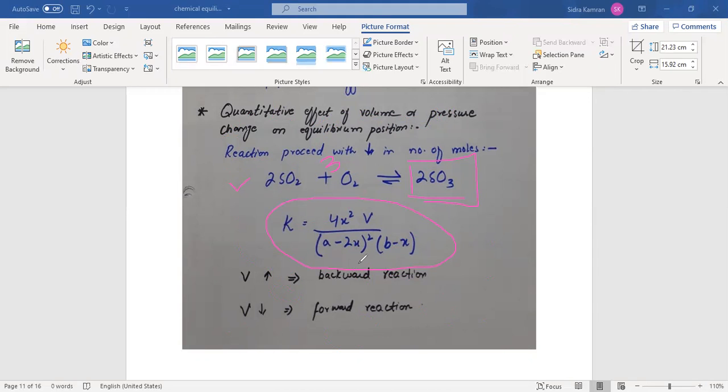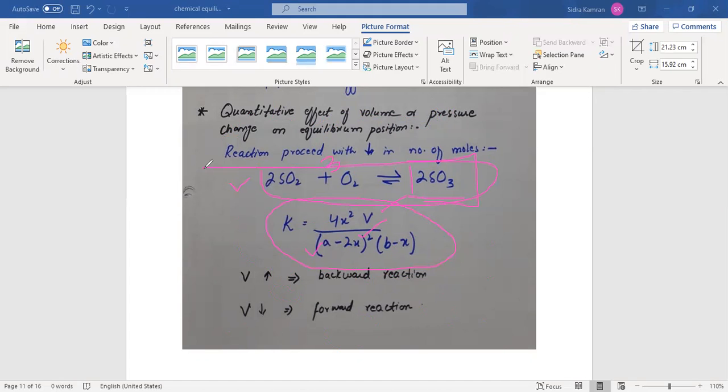So this equilibrium constant expression shows that V is the volume of the reaction mixture at the equilibrium state. A and B are the number of moles of SO2 and O2 taken initially, and X and 2X are the number of moles of oxygen and SO2 which have reacted at equilibrium according to this expression.